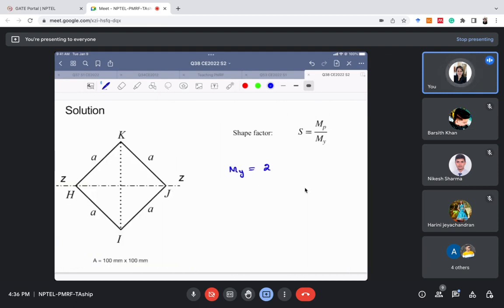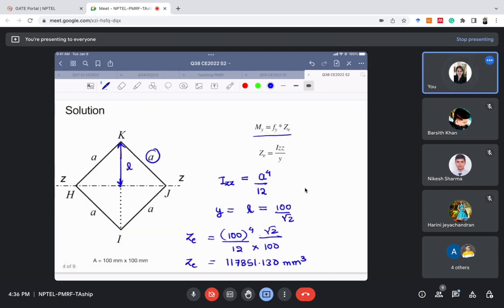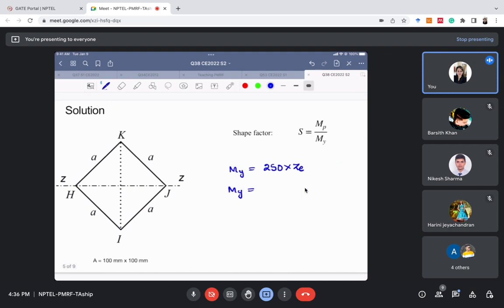So Fy is 250 multiplied by Ze. So the value of My is coming out to be this multiplied by 250. The answer is 29.462 kilonewton meter. Now finally we'll calculate the value of shape factor as MP by My.